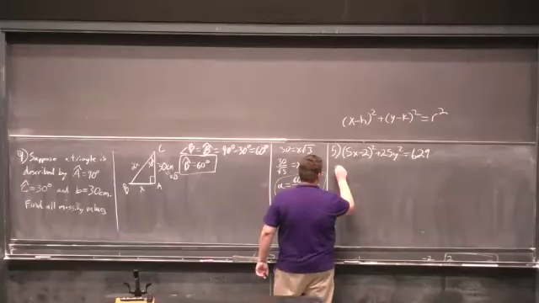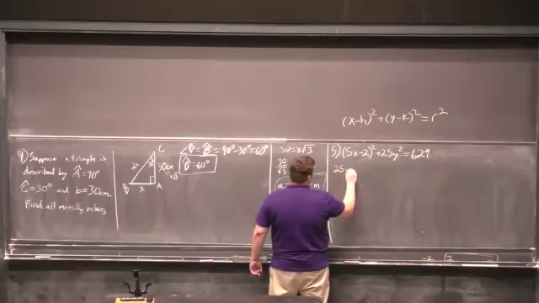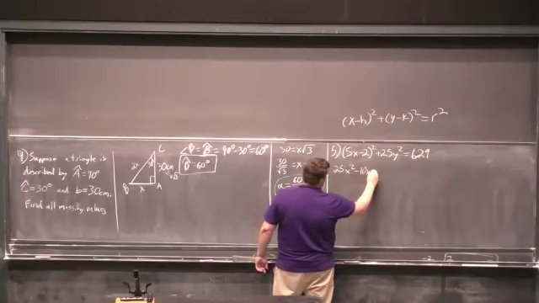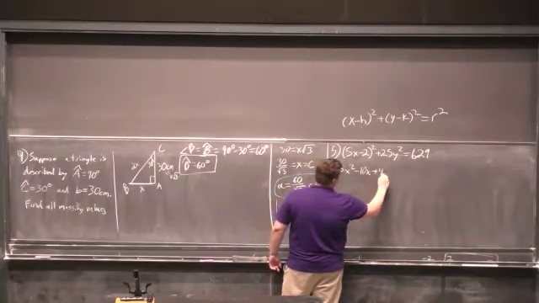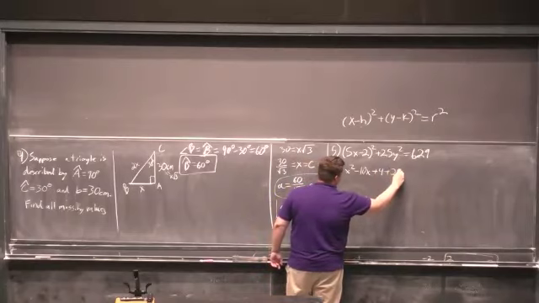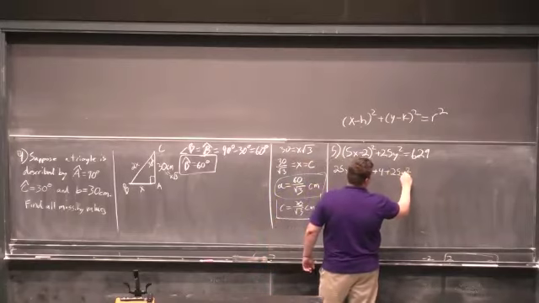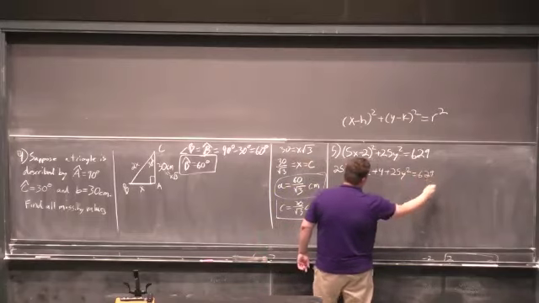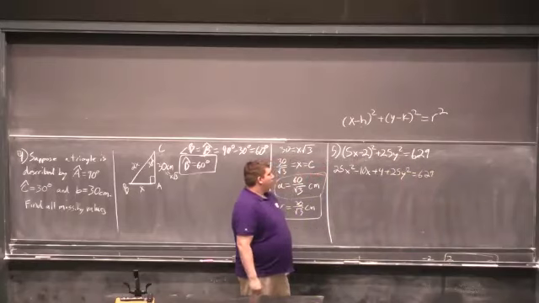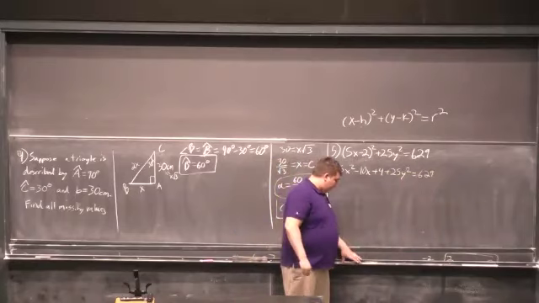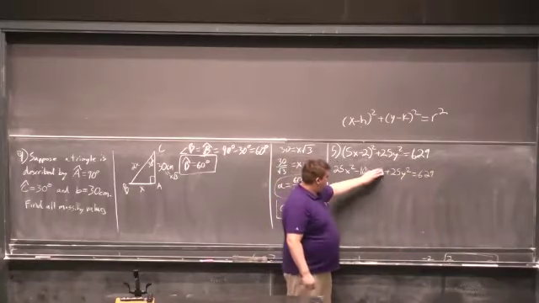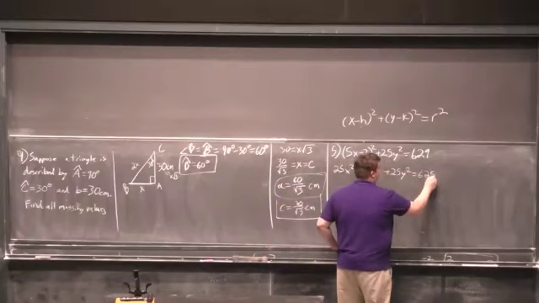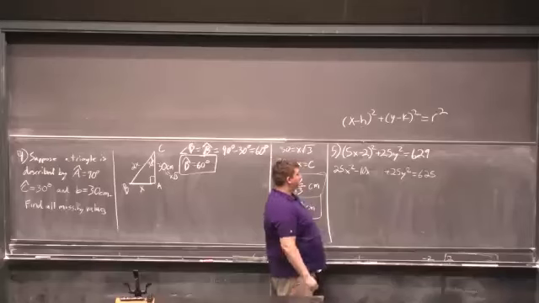So we get 25x squared minus 10x plus 4 plus 25y squared is equal to 629. So I'm going to subtract 4 to the other side, and that leaves us with 625.